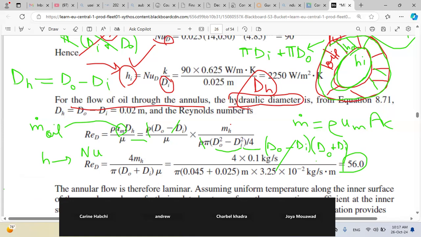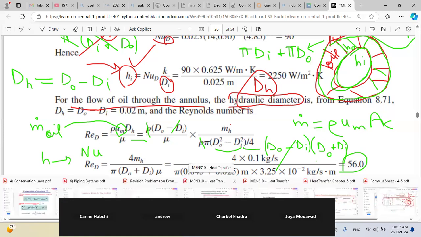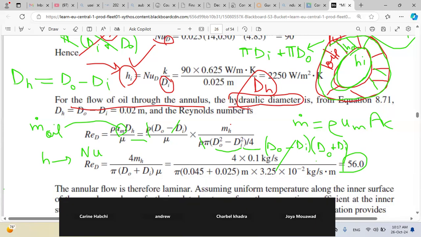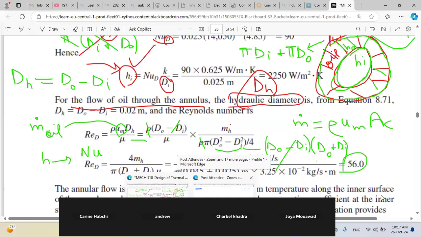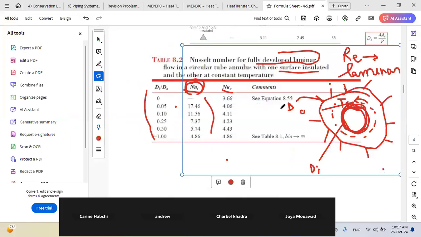So if we go back to our table, for a ratio equal to 0.56, we don't have 0.56 exactly. So we can do linear interpolation like you do in thermodynamics. We need to get, for 0.56, the value of Nusselt inner.